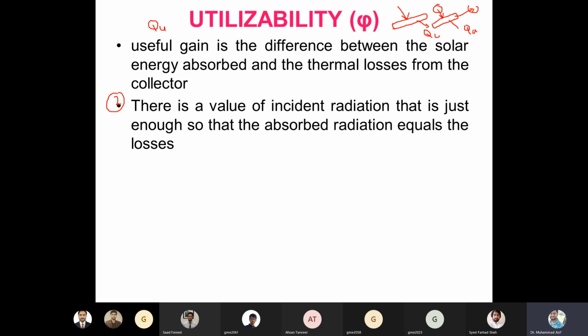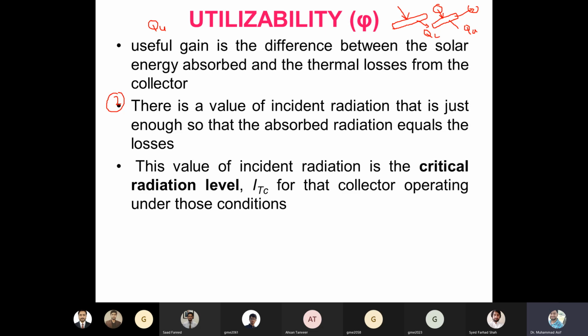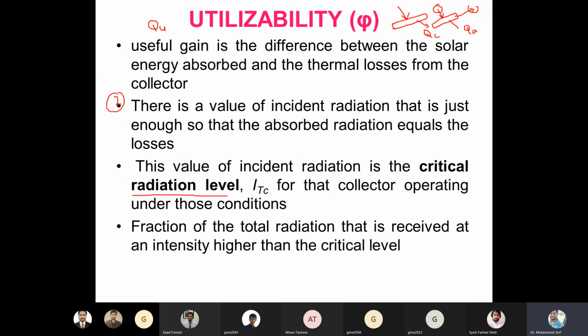There could be such a situation. That value of the incident radiation is called the critical radiation level. This is very important. It's called I_TC. So the critical radiation is when the incident radiation is just enough to compensate the losses only.